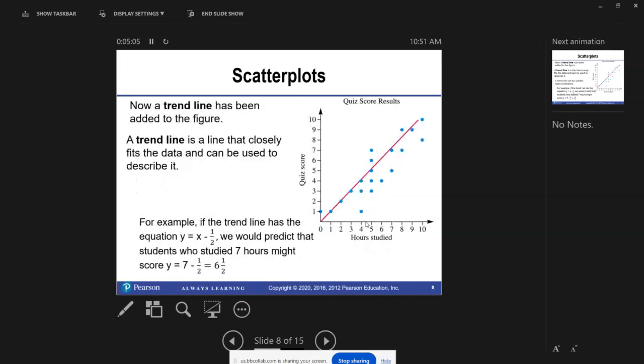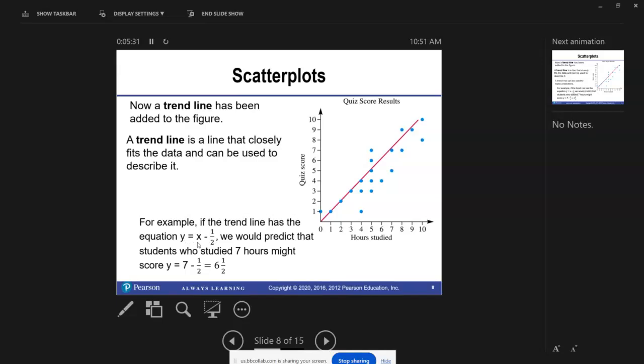Okay. In this next graph, this is taking our scatter plot and drawing what we call a trend line on the scatter plot. So a trend line is a line that closely fits the data, and it can be used to describe it. So for example, the equation for this trend line is y equals x minus a half.